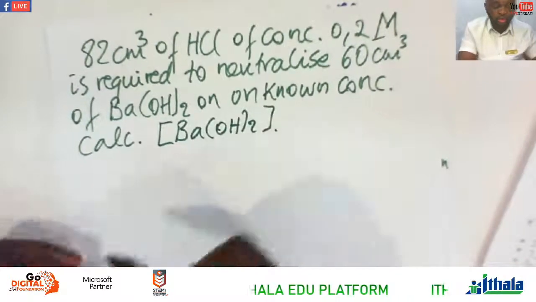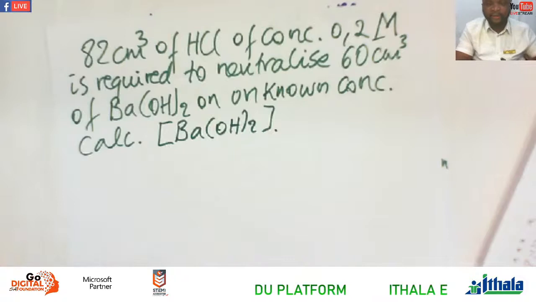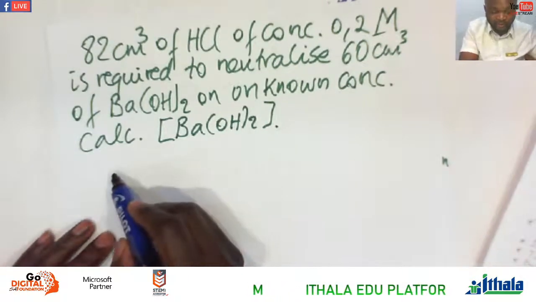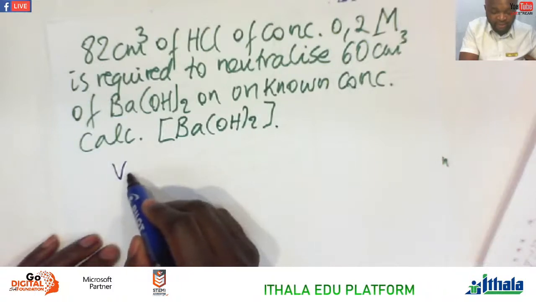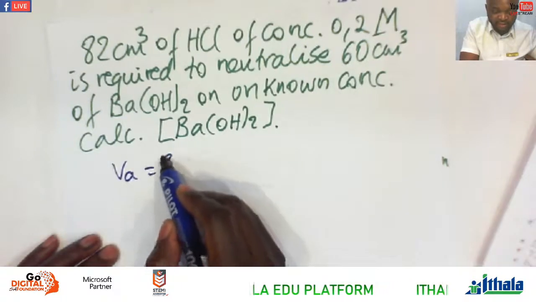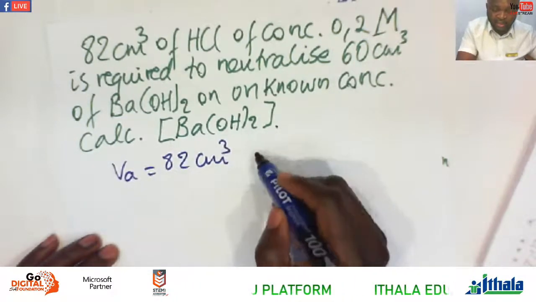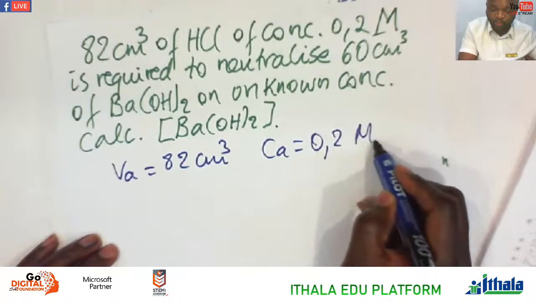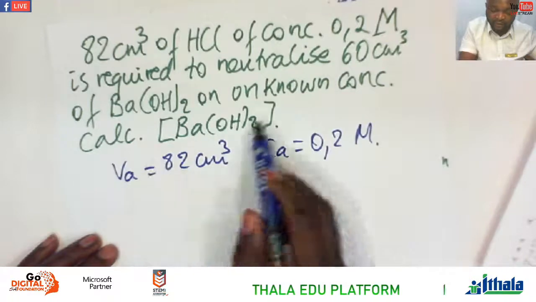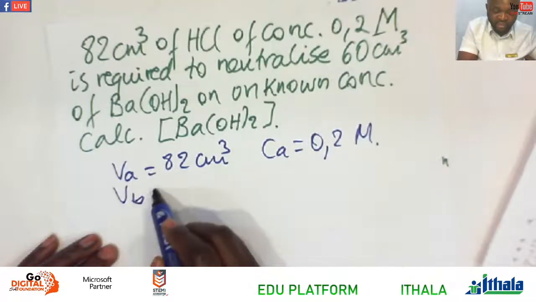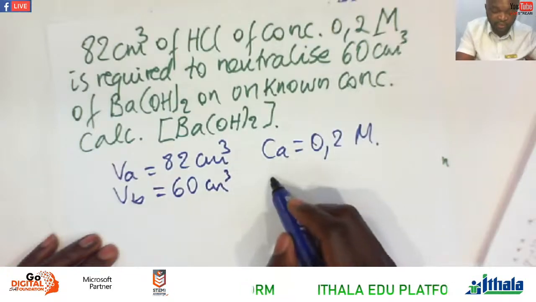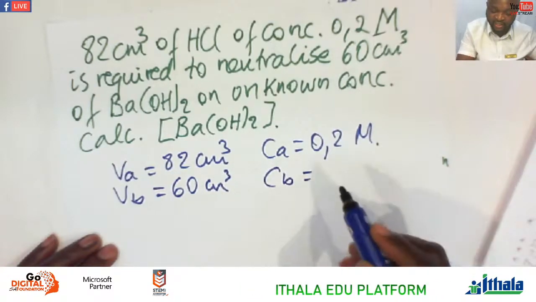So what do we know from the statement? We have the volume of the acid, that is 82 cubic centimeters. We have the concentration of the acid, that is 0.2 mole per decimeter cube. We have the volume of the base, that is 60 cubic centimeters. And we are asked to calculate the concentration of the base.